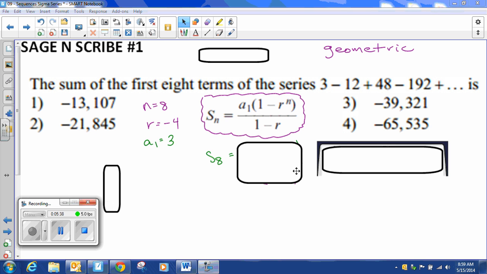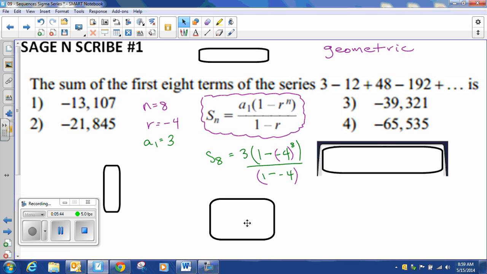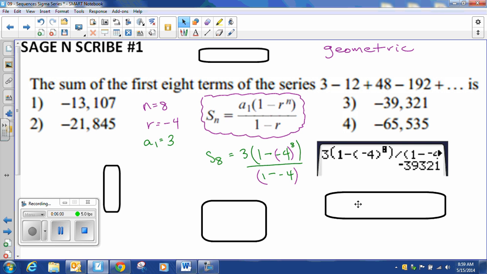Like we said in the notes, the geometric formula for the series is actually easier because you only need to know the common ratio and the first term. So you plug those in, very carefully put these into the calculator, with parentheses around negative numbers that are being raised to a power, and the final result is negative 39,321. The answer is 3.